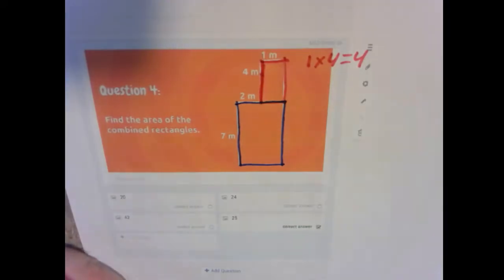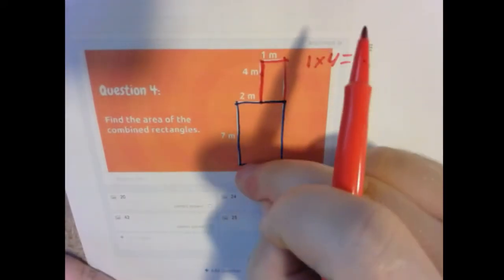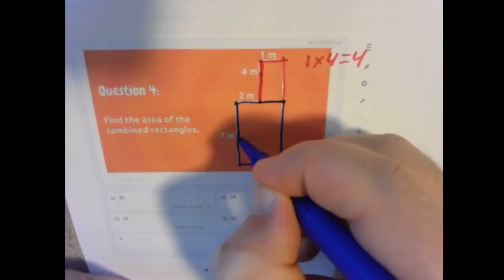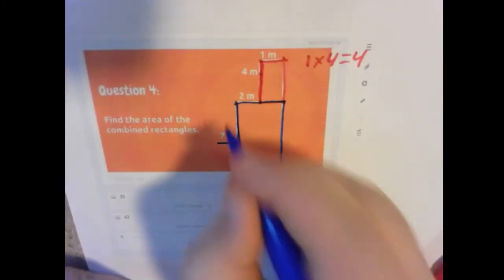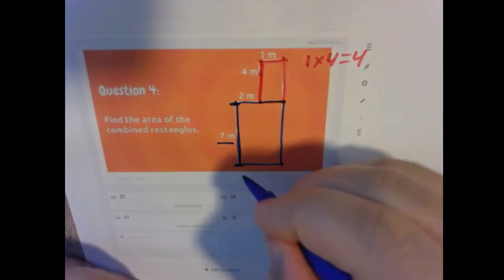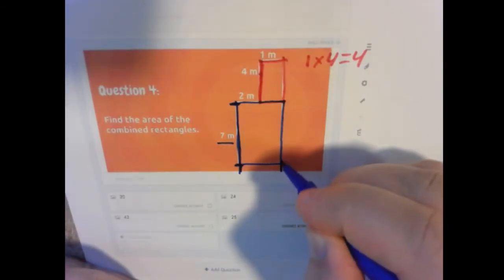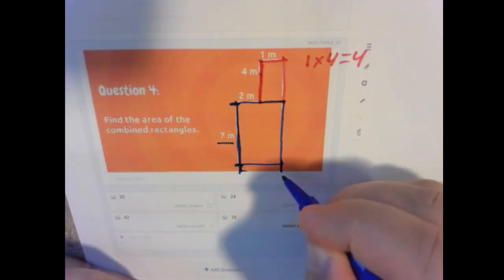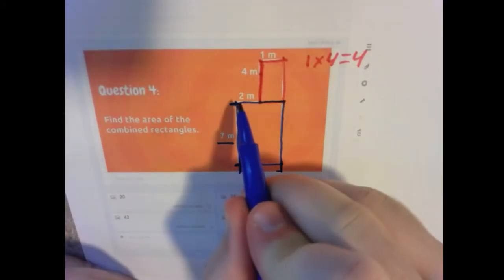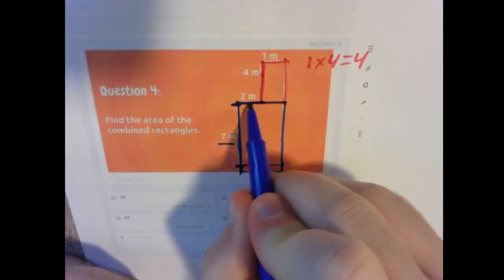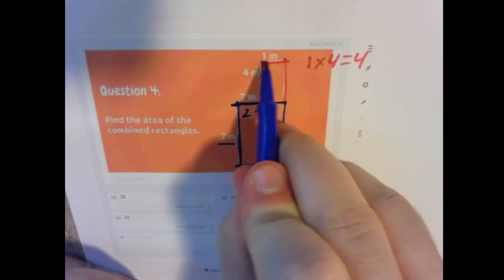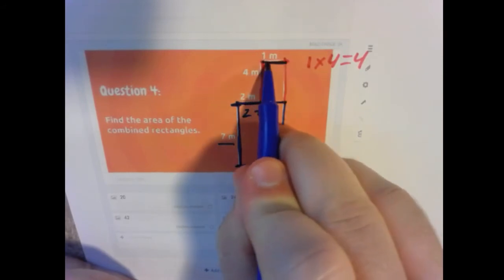Now we have to figure out the blue rectangle. We know from here to here is 7, right? So we need to figure out what this dimension is. What is that base? Okay, this portion of the base is 2. 2 plus up here is 1, that's labeled as 1.